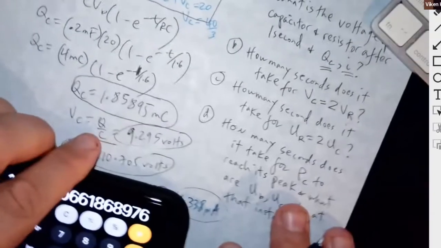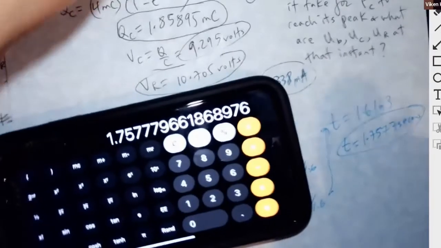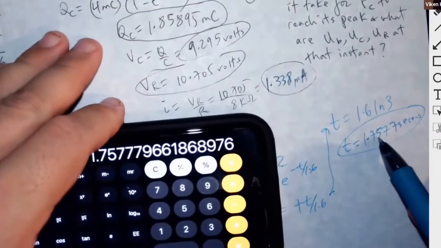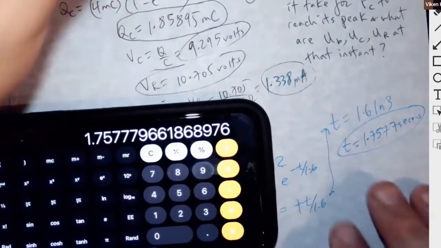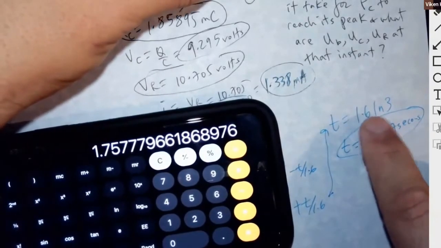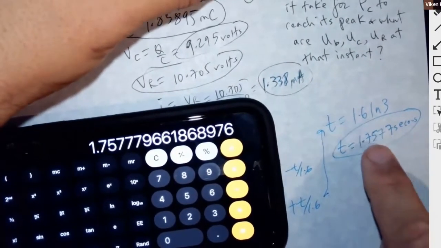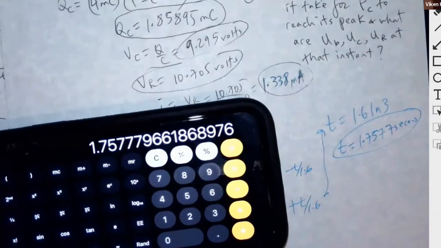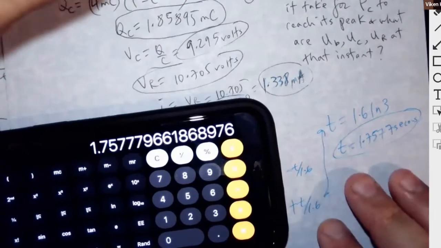Yeah, so that kind of makes sense. By 1.75, you're already past the time constant, 1.6. So the capacitor has charged even more. So it makes sense that by that point, the capacitor is twice the voltage of the resistor. Okay, next question.